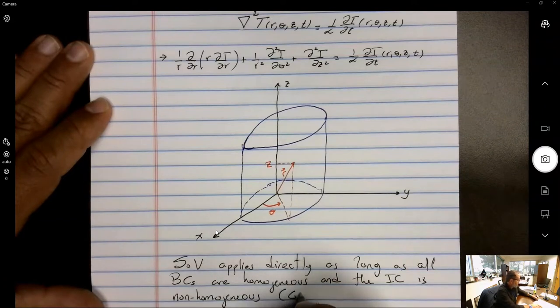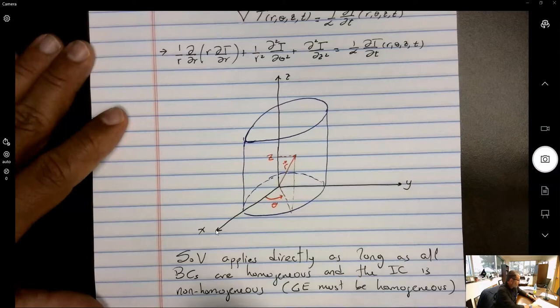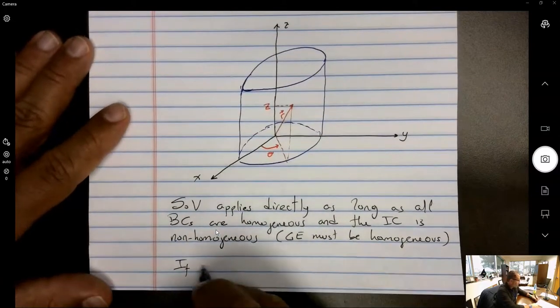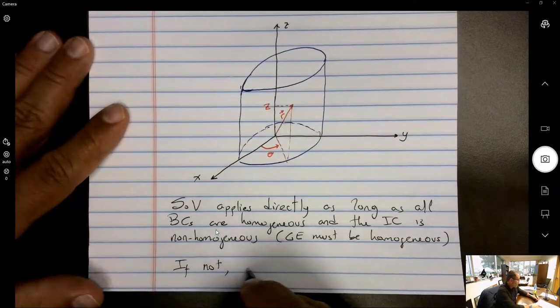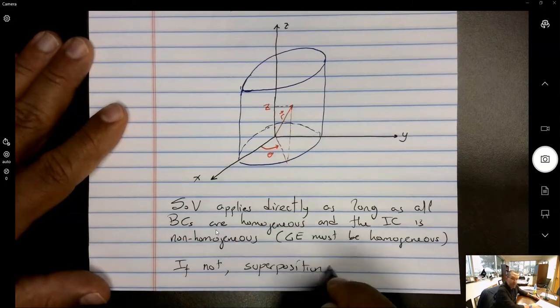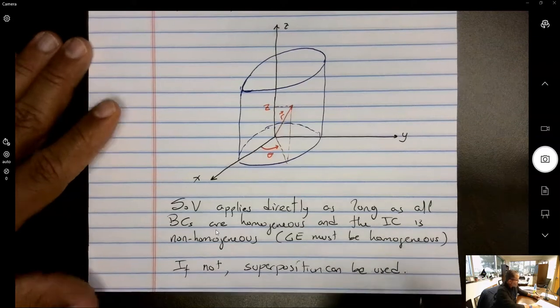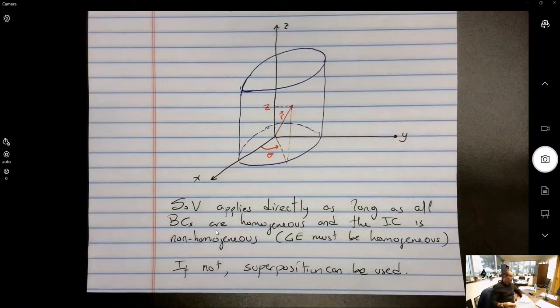Also, governing equation must be homogeneous. If not, if any of these conditions does not apply, superposition can be used. Exactly the same way as we have actually used it in the previous example for Cartesian coordinates.